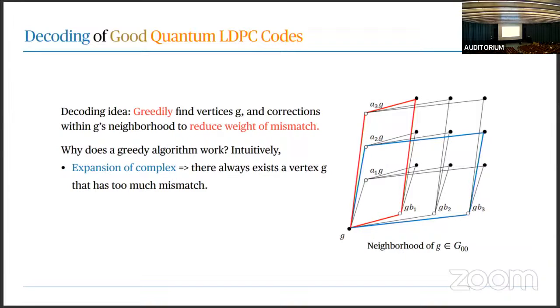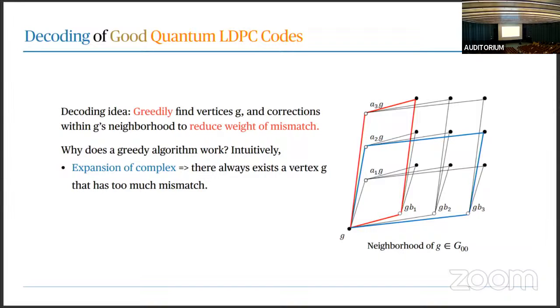The technicals are actually very, very technical, but I'm going to make use of the expansion of the complex to argue that when I have a mismatch vector, there's always one vertex g, little g, whose local neighborhood contains a lot of qubits that are in the mismatch vector. What does that mean? This vertex g really sees a lot of qubits that the two corrections disagree on. And I should try to work within this local region.